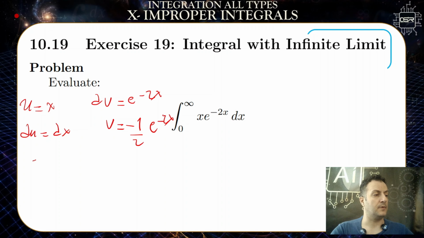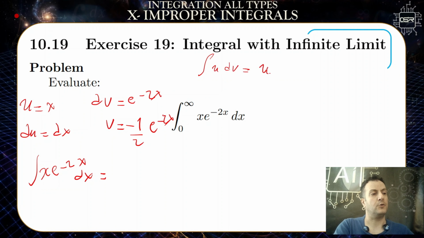So let's consider that this is an unbounded integral at first. Integral x e^(-2x) dx is equal to uv minus integral of v du. Okay? So the form is the following: integral u dv equal uv minus integral of v du.